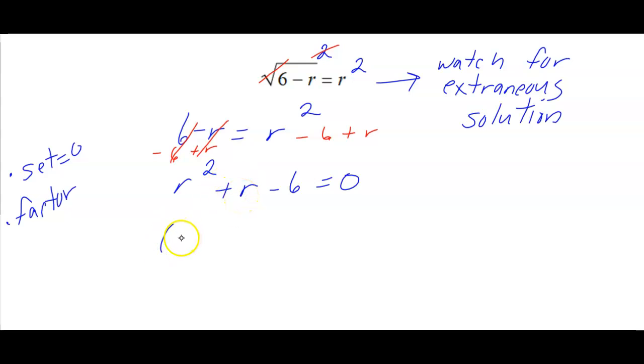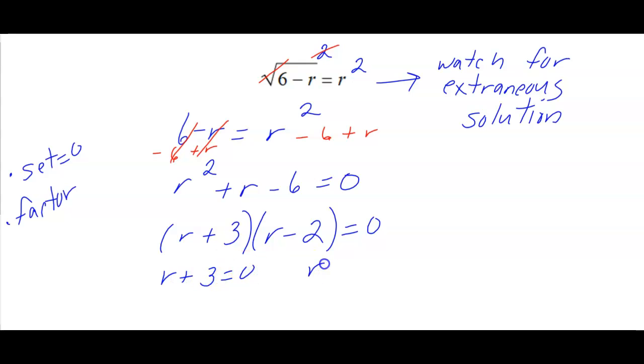So those are going to be r plus 3 and r minus 2. Solve by factoring. So we got to keep going until it's r equals. So set these guys equal to 0. So for this one, r equals -3, and for this one, r equals +2.